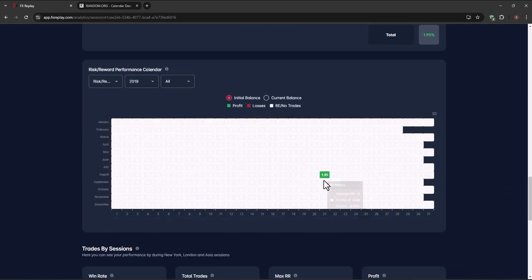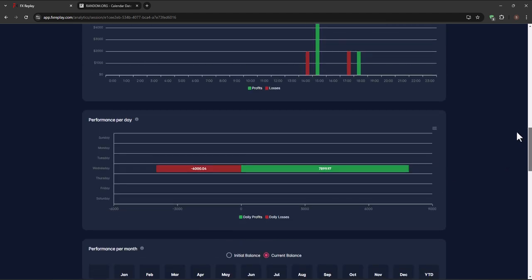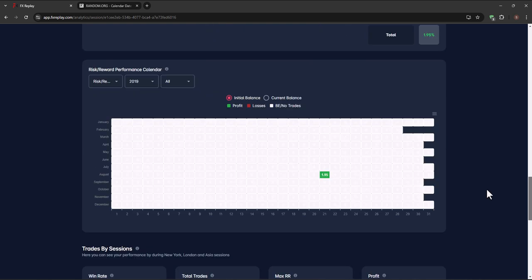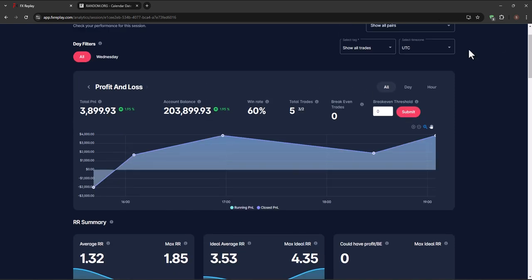So for example, this day, 1.95 R, right? And then I calculate how many days I ended in profit. This is how I do it. So almost a 2R day. It is good in my book, right? A total of 5 trades, 3 winners and 2 losers.